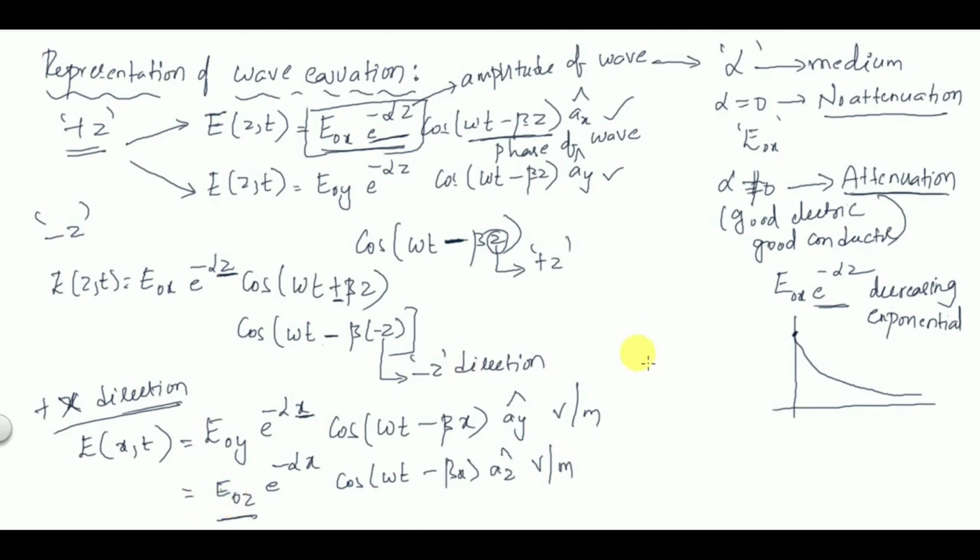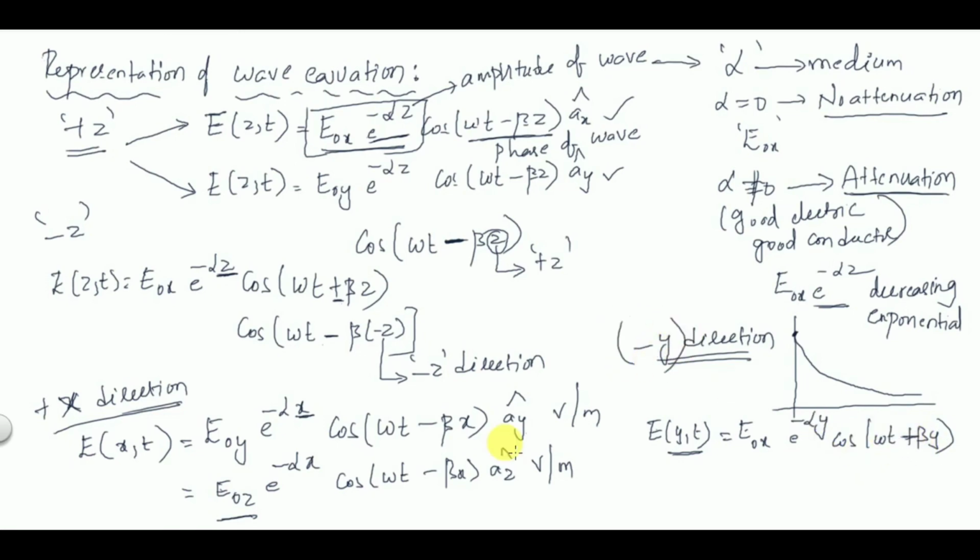Okay, suppose you want to write the wave equation in minus y direction, how will you write it? E of y comma t: since the direction is y, you can write the x and z components. So E0x into e power minus alpha y, because the direction of propagation is along y, cos of omega t plus beta y, plus here because the wave is traveling along minus y direction.